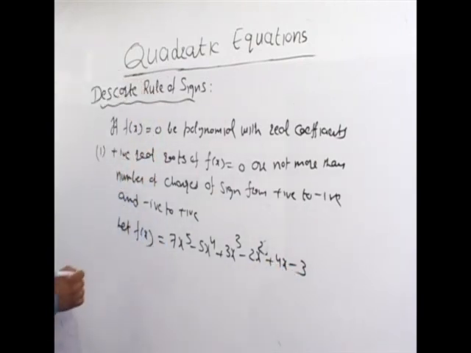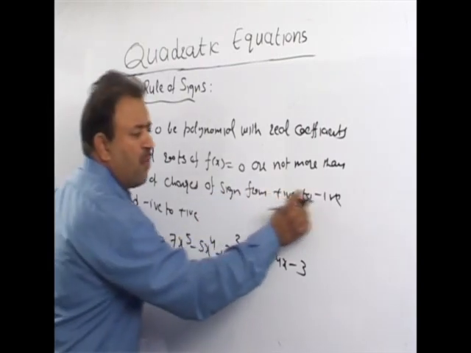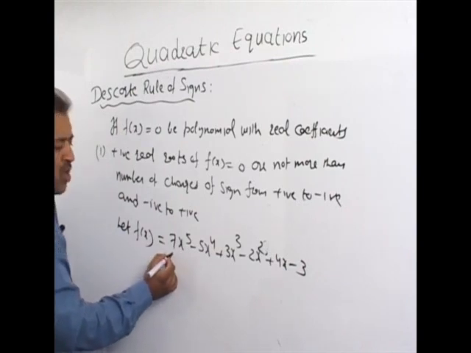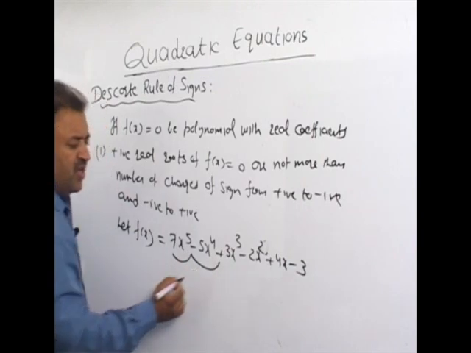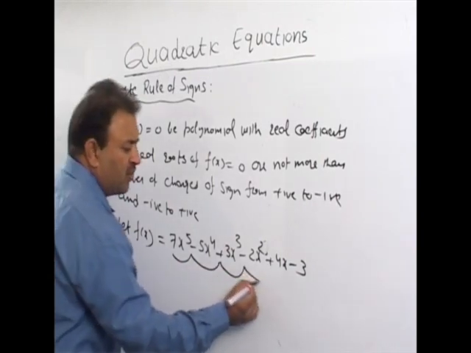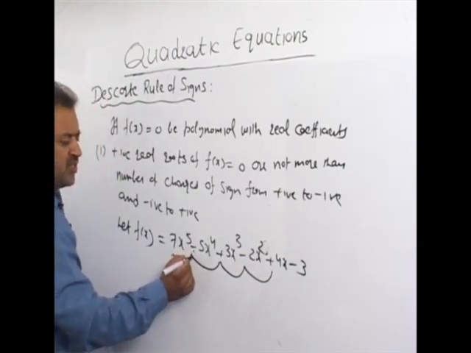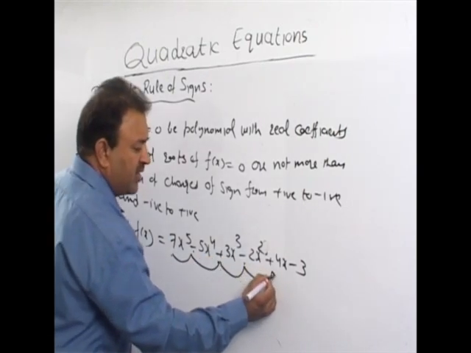Descartes says we see how many changes of sign there are, either from positive to negative or negative to positive. Positive to negative is one change, then negative to positive is another change, then positive to negative is the next, and negative to positive is another. So one change, second, third, fourth, and then fifth.